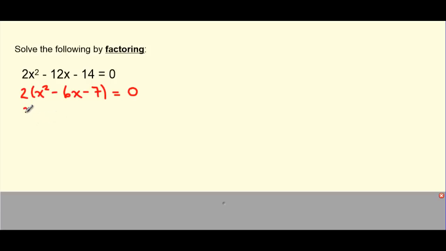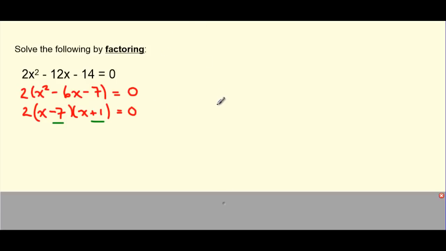So we're going to rewrite that trinomial as factored form by putting in those 2 missing numbers. So we had x subtract 7 and x plus 1. And of course, these were the 2 numbers that fit our sum product method. So this would be the factored form.